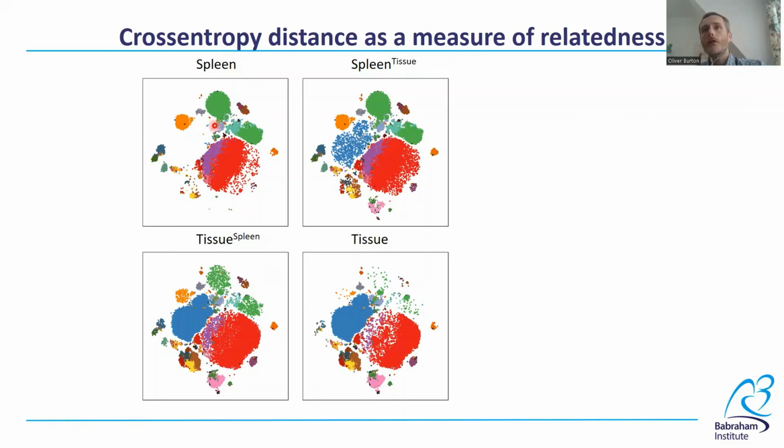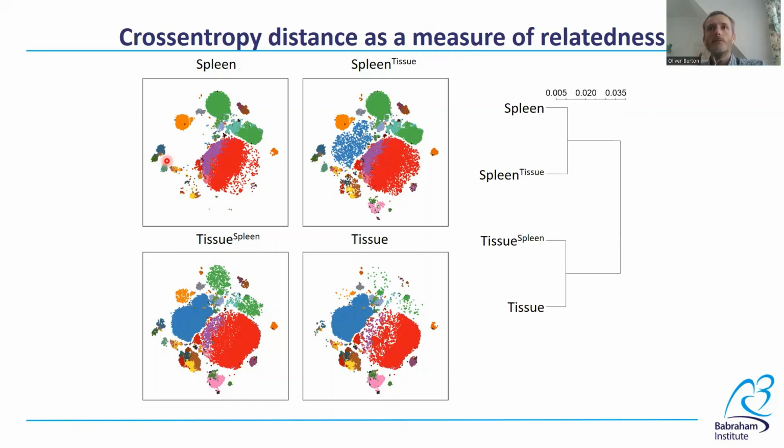Visually, you can see how the green cluster fades out and the blue cluster fades in as we move from one extreme to the other. With the cross-entropy test, we can measure the difference between the distributions of each condition and construct a tree, a dendrogram. And voila, the sample that is 90% spleen is closest to full spleen, and 90% gut is closest to full gut.